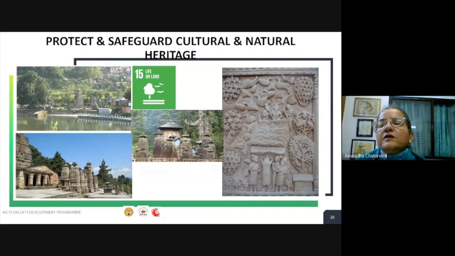So, under Sustainable Development Goal 15, Life on Land, it is possible to protect and safeguard cultural and natural heritage, also within Goal 11.4 related to sustainable cities and communities. So, when we look at the kind of balance which is there in relation to some of our historic sites and to some of the intangible attitudes and perspectives which link cultural and natural heritage.